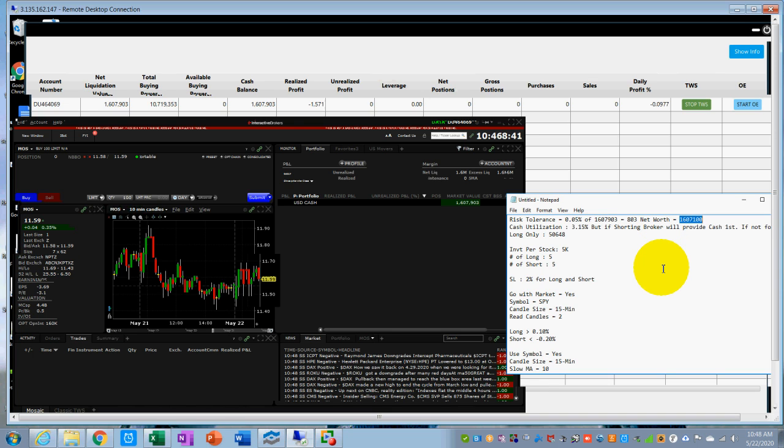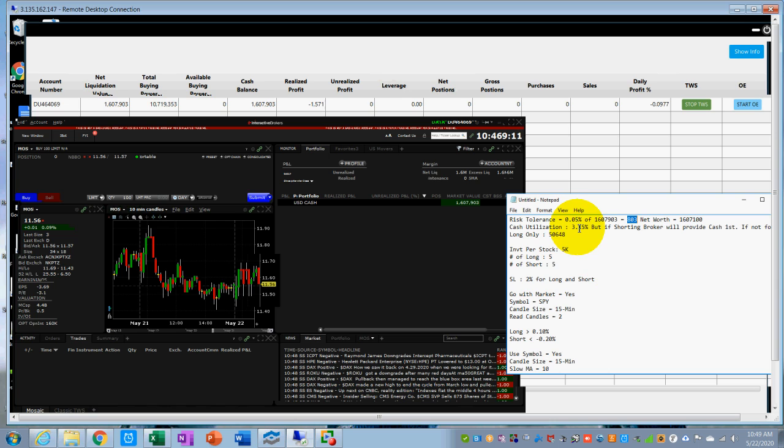So that was the first point which I mentioned on the risk tolerance, that you might have 1.6 million, but based on the percentage, you're controlling and telling the algorithm or the mathematical model that if the net worth goes below $803, then stop all new investments. That's the first step which we are going to do.